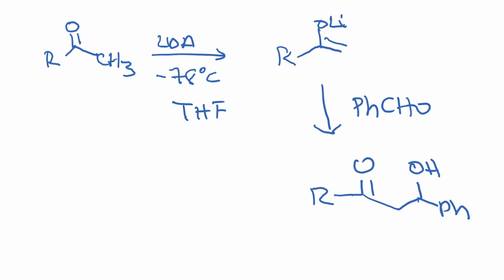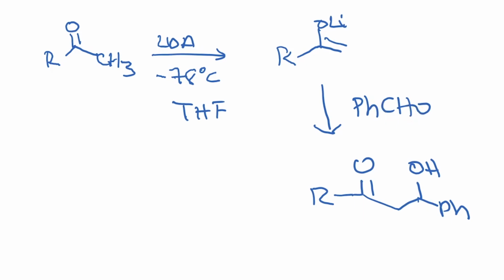So there's one important aspect of this: this reaction that we carry out at minus 78 degrees is pretty much an irreversible reaction. Okay, so what happens is that once the enolate is produced, it really doesn't go back and give you the starting material. So what you normally do, like we discussed last time, is you generate the enolate and then you add the aldehyde dropwise.